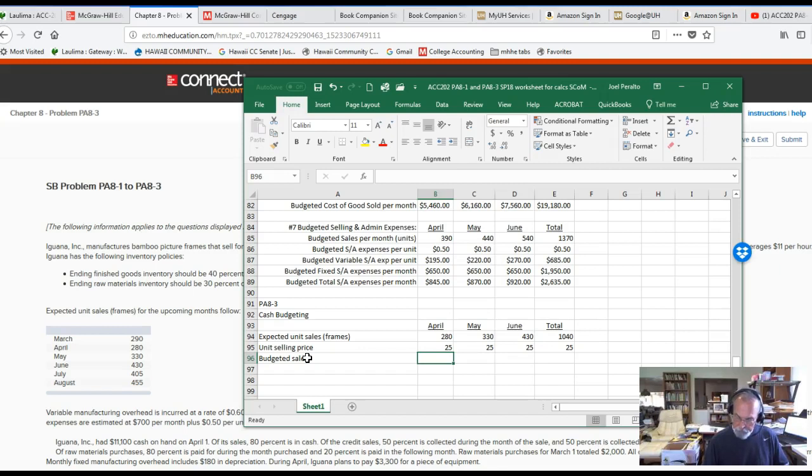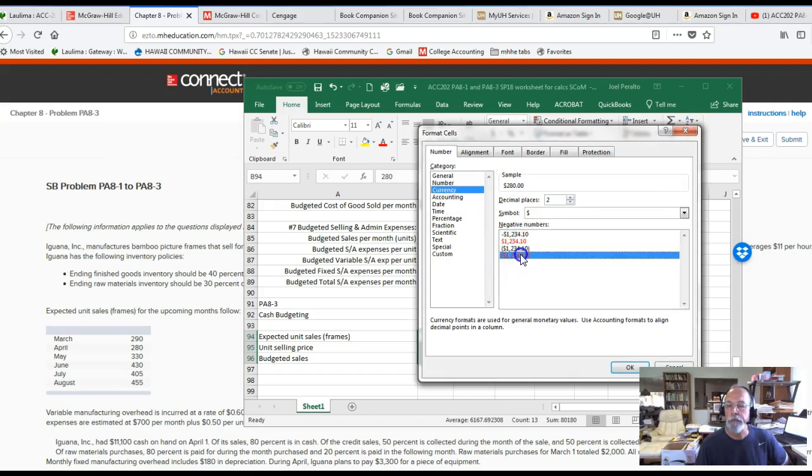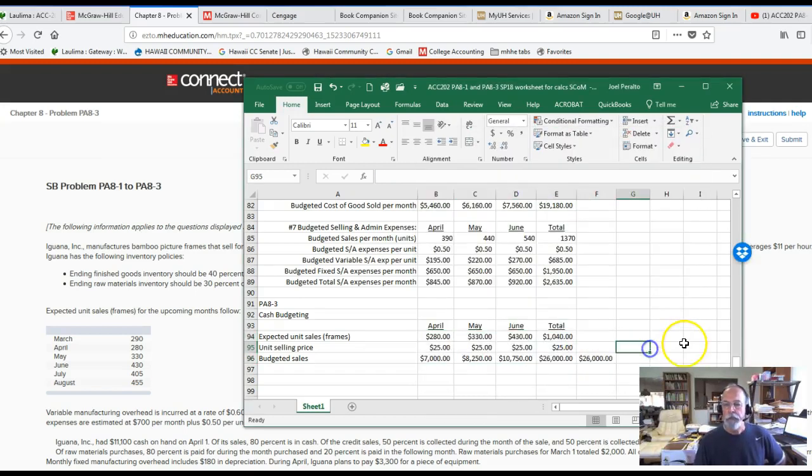So we would take expected unit sales times selling price. Okay, and what I'll do here is I'll just use a different total as a check. And these are all numbers, so let's format those as currency rather. Okay, so that's our budgeted sales.